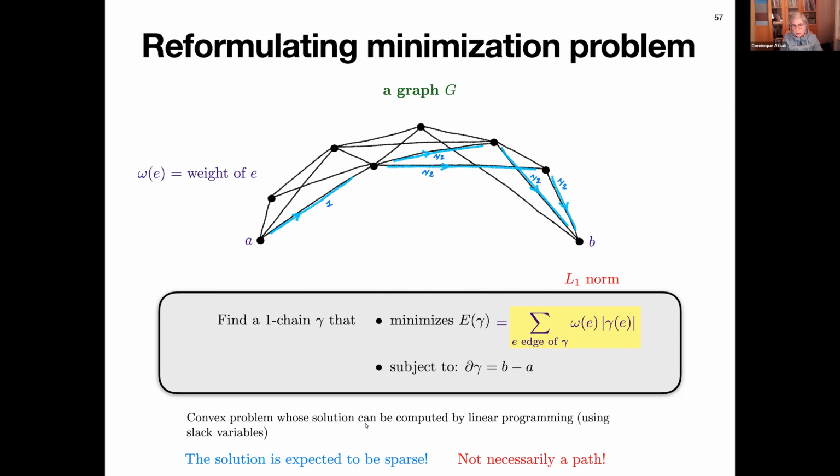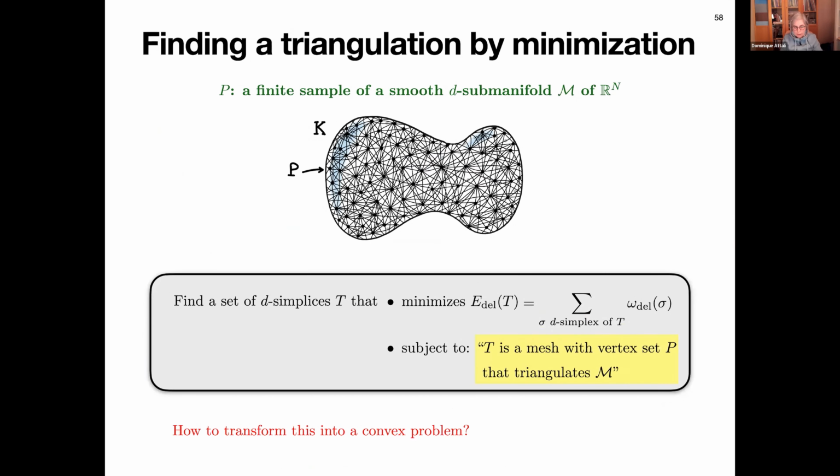Okay, so generalizing all this to higher dimension, we are back to the formulation of this variational problem. So we have our point set P. Suppose that we are going to build a simplicial complex with vertices the points of P. This simplicial complex is going to provide a rough approximation. It's going to play the role of the graph.